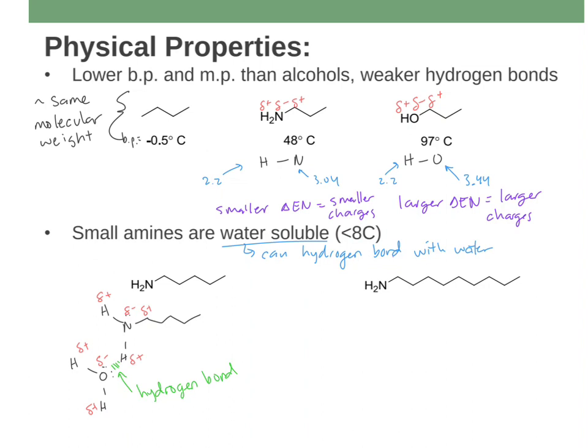And so small-ish amines, like less than 8 carbons roughly, give or take, as a rule of thumb, tend to be water soluble. If they get too much longer than that, too much bigger, if you have like 10 hydrocarbons attached to one amine, probably not going to be very water soluble. So I would say a smaller one like this is water soluble, whereas the larger one on the right hand is not.